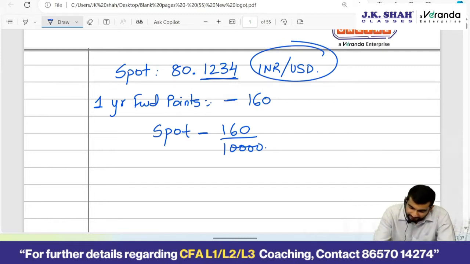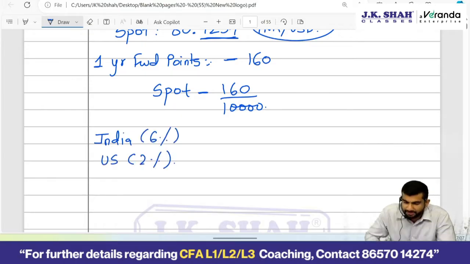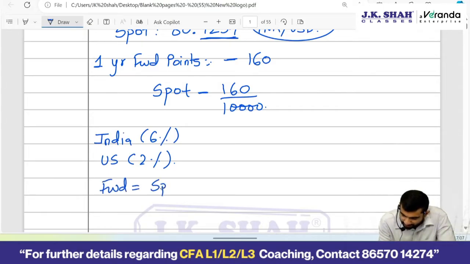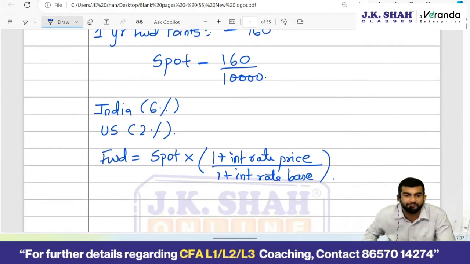So for example, the 1 year interest rate in India is say 6% and the 1 year interest rate in the US is say 2%. So as per the formula, forward rate is equal to spot into 1 plus interest rate of the price currency upon 1 plus interest rate of the base currency. Fine, that will give you the forward rate.